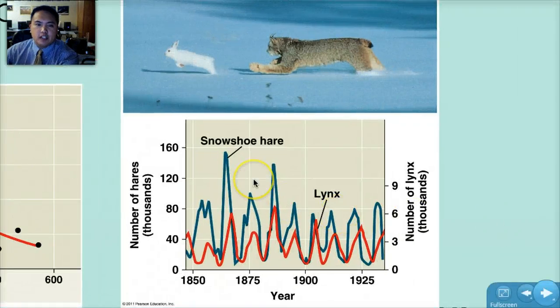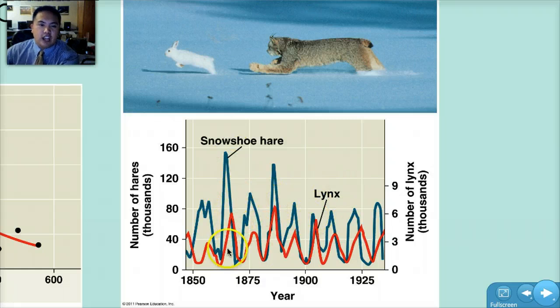Here's another example. This is called a predator and prey model. You notice that with hare, which is like a bunny, and lynx, their populations go back and forth. Here, notice that the hare had a ton of organisms, over 150,000 hares. When that happens, the lynx has a lot of food.